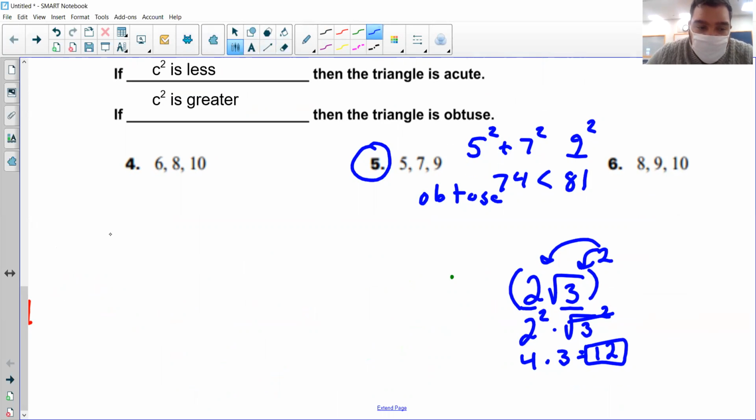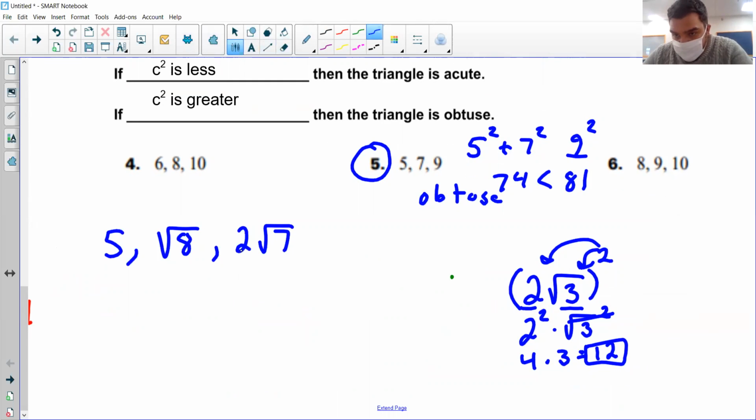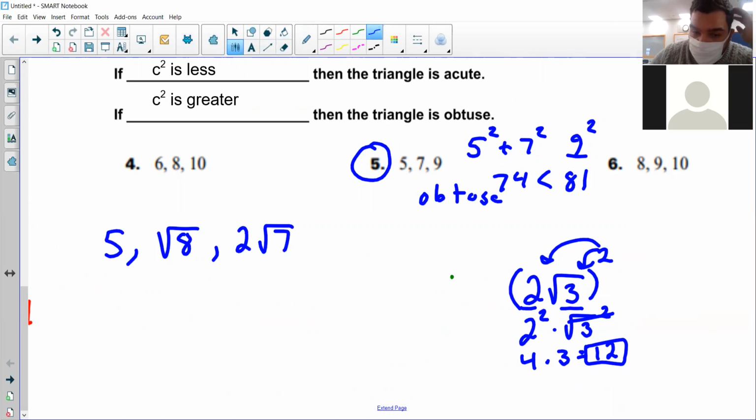So let's say you had this game: 5, the square root of 8, and 2 square root of 7. Okay, I have a question. Go ahead, Joel. Do you see the 2 in the square root of 7?